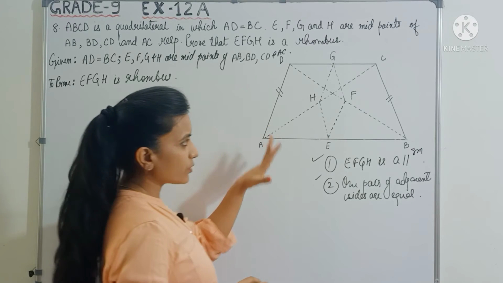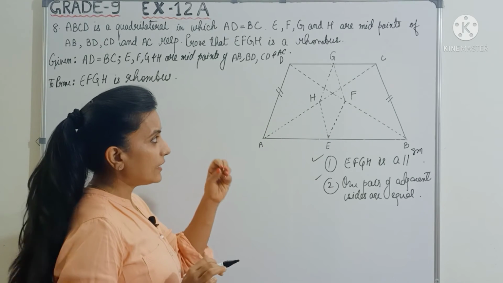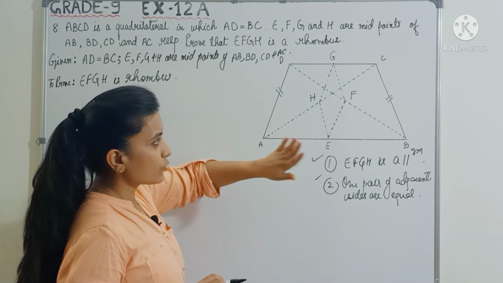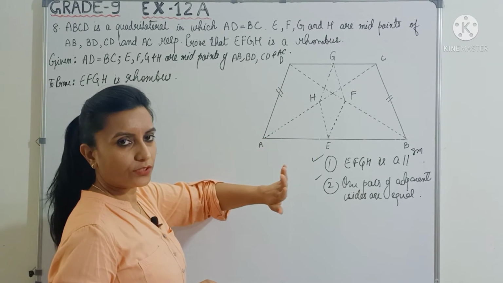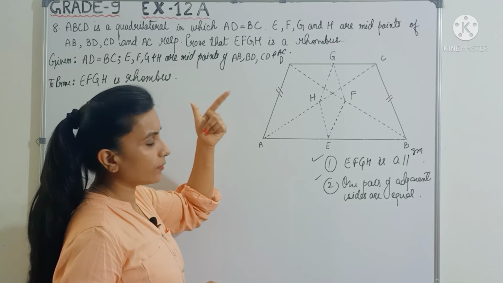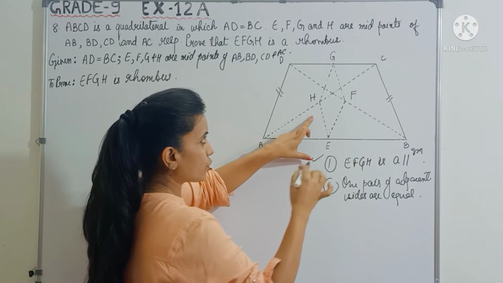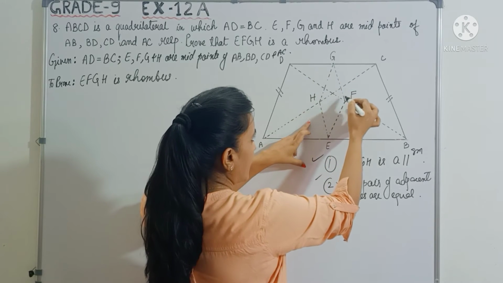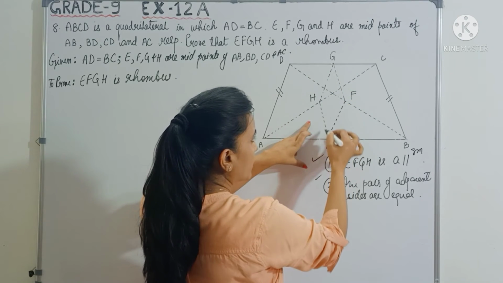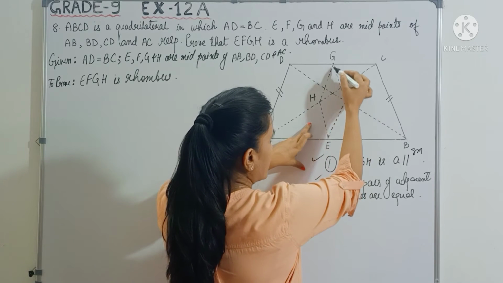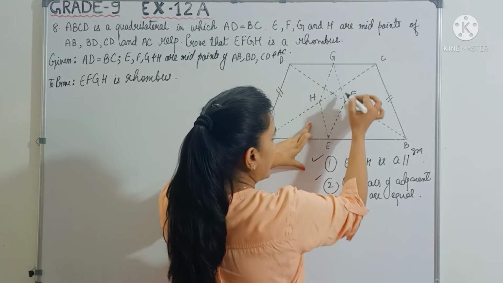Okay. Now see, in all these questions, where is the confusion? Like generally children, they get confused which triangle you will take, right? So it is not at all confusing. You should know how to think about that. So here I'll tell you, see, I have to show that GF and HE are equal and parallel, right? Now see, GF is connecting G and F, right?